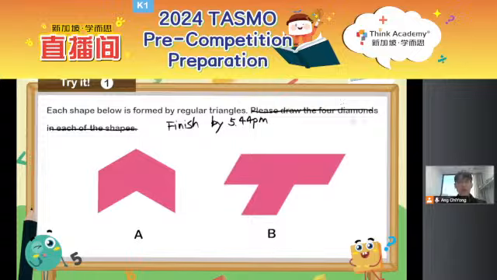Hey, good job, Kiran. What about B? B needs so many triangles.